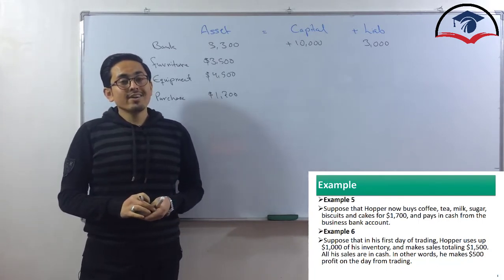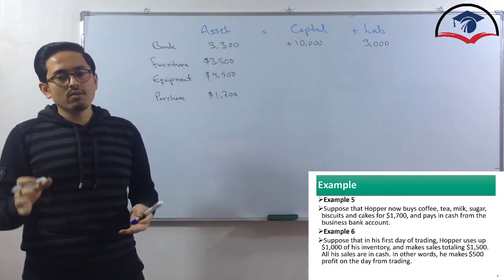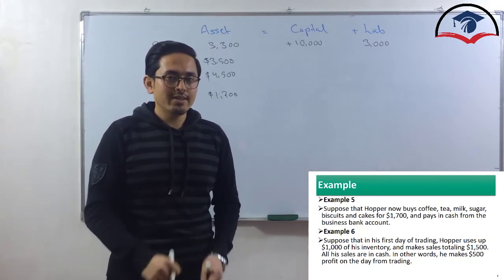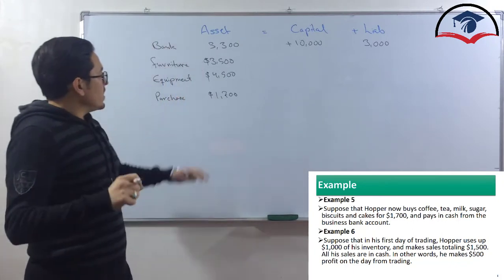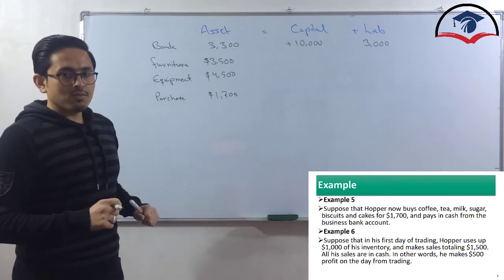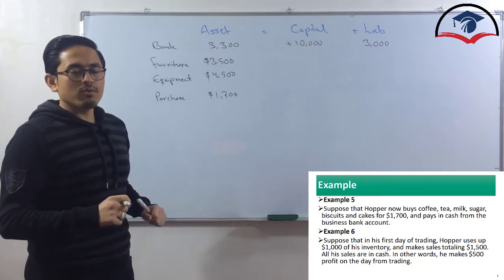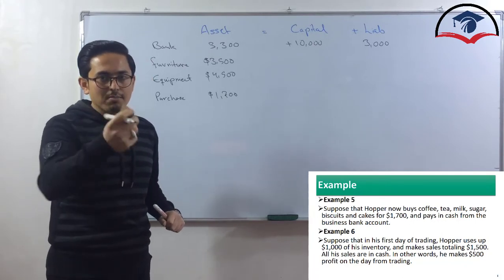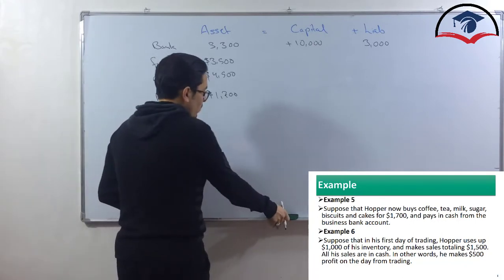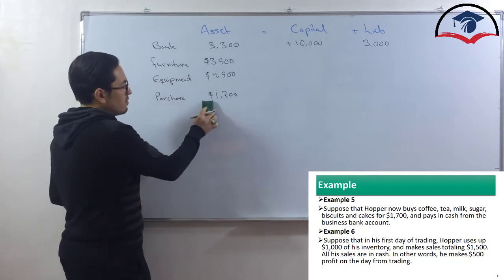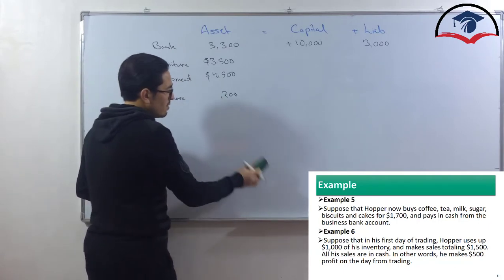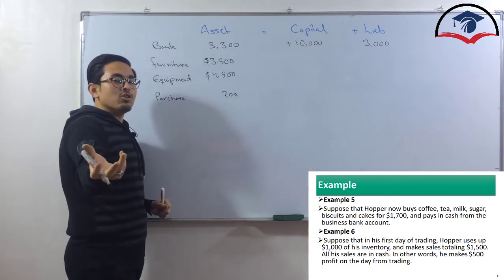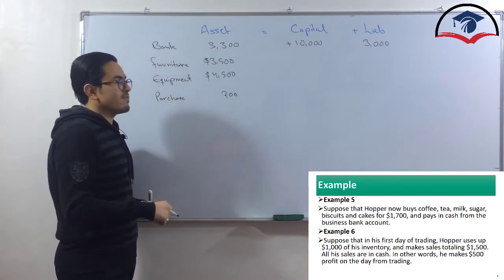All his sales are in cash, in other words, he makes a profit of $500 for that day. So he used $1,000 from this one, and against that he generated $1,500 revenue, and that revenue is in the form of cash. When he used $1,000 from that, the remaining balance will be $700, and $1,500 has come to the cash of the business.